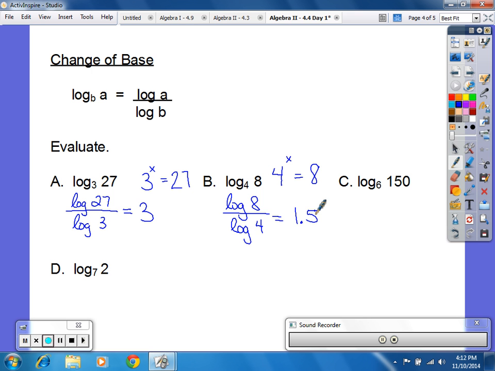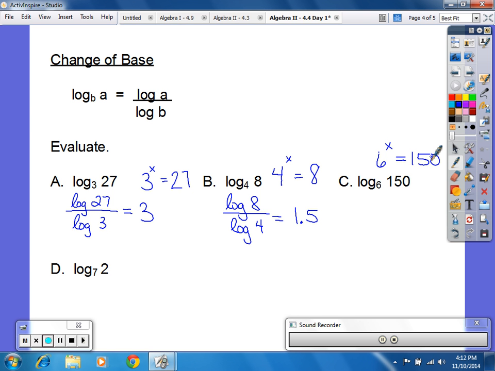This last one, I'm not sure how I'd do without a calculator because I don't know 6 to the power of what equals 150. I know 6 to the power of 2 is 36, and I know 6 to the power of 3 is 216, so this should be an answer somewhere between 2 and 3.